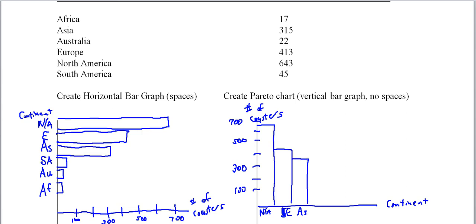And then we go to South America. The big drop off there is South America, 45, so roughly it looks like 50. And then we're going to go to Australia, and Australia is going to have about half of that in the 20s. And then not too far behind is Africa with a little bit less than that. And so there are your graphs.